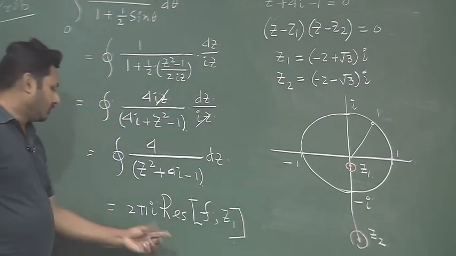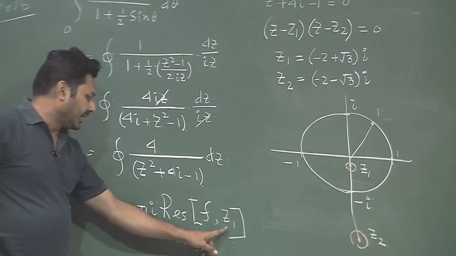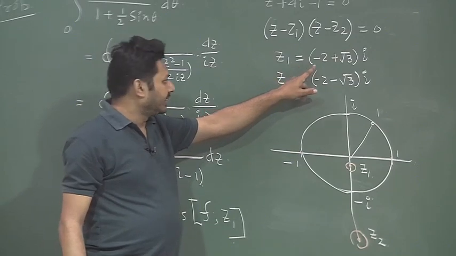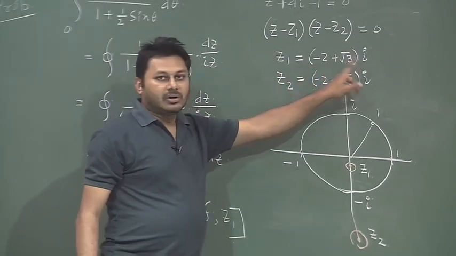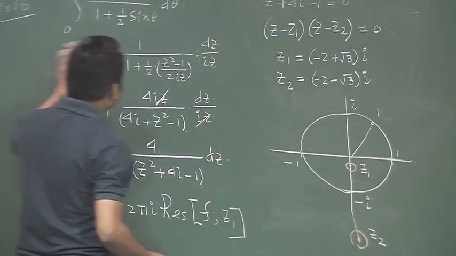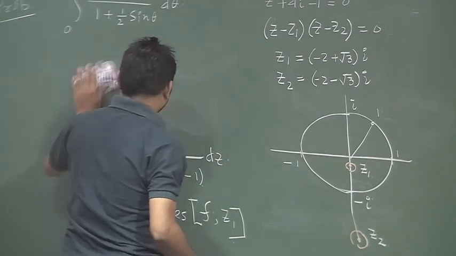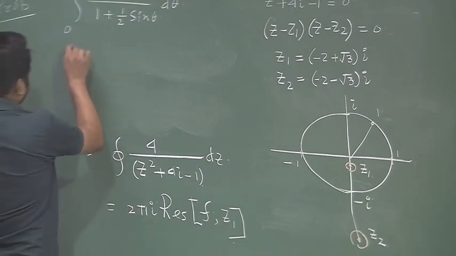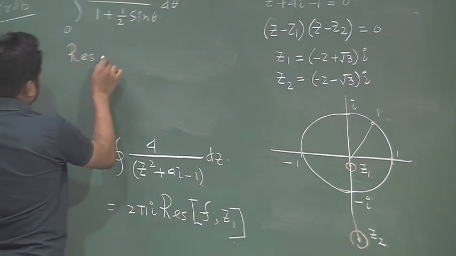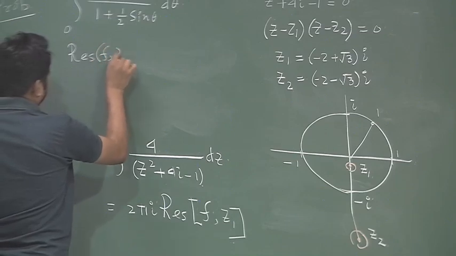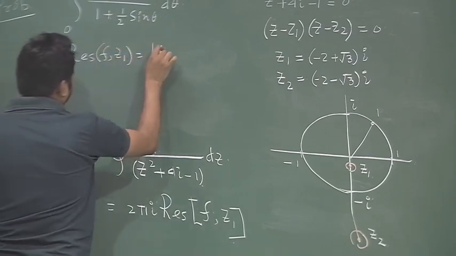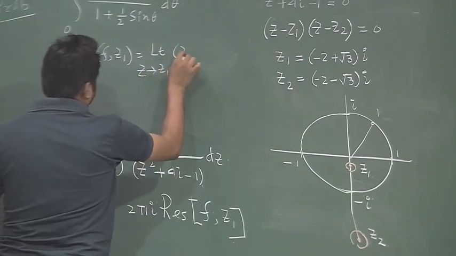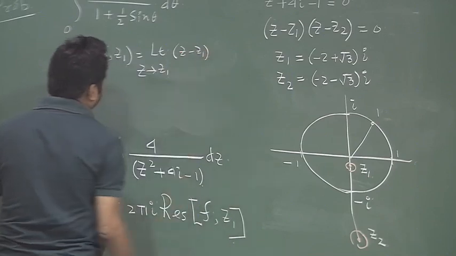That will be my result, 2 pi I times the residue of the function at z1, which is minus 2 plus root 3 of I. So, now I will just put this residue. So, the residue of f at z1 is the limit z tends to z1 of z minus z1 multiplied by the function.